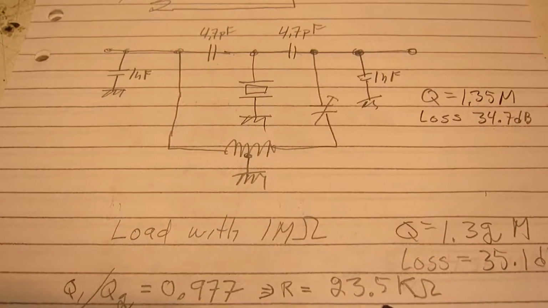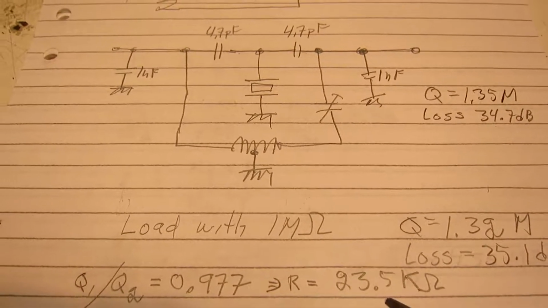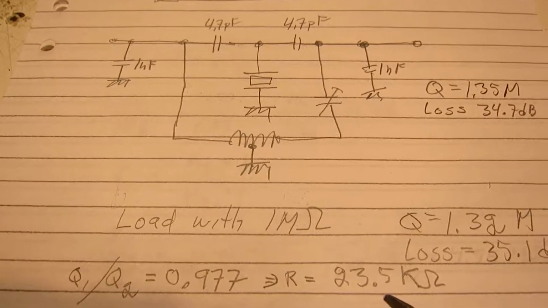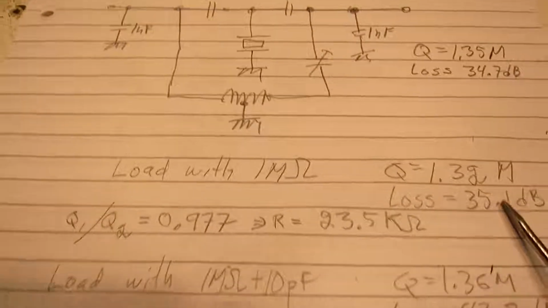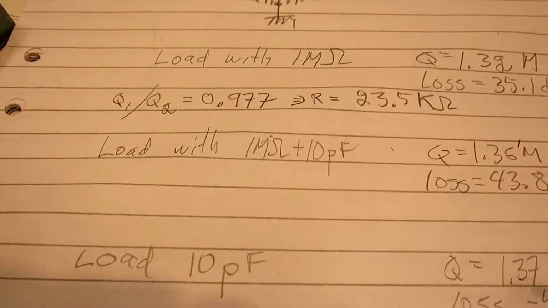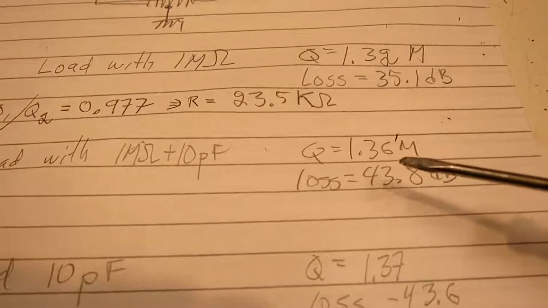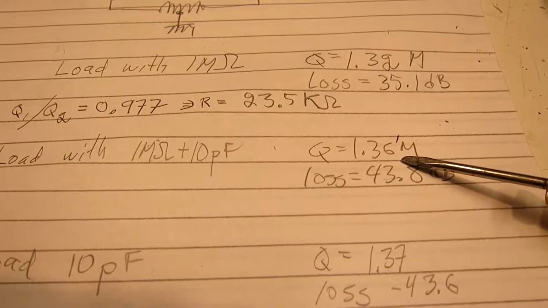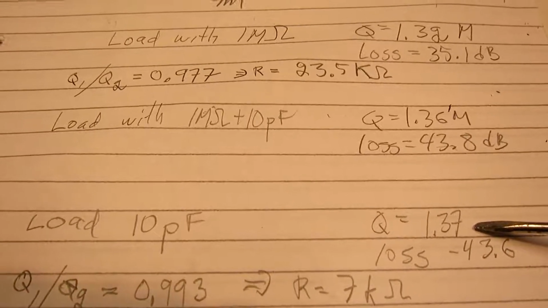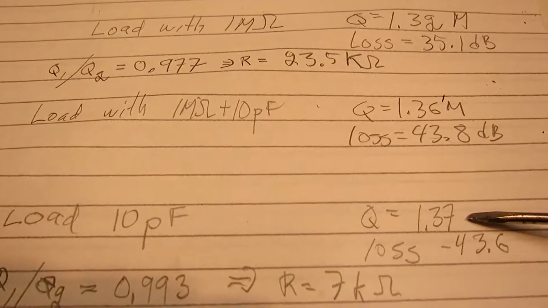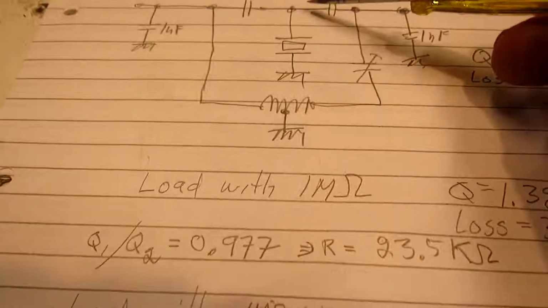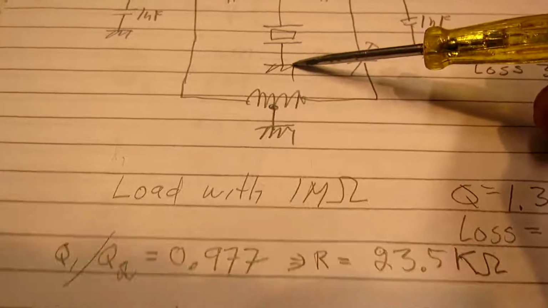when the crystal has about 10 pF load capacitance. And then I tried to load with 10 pF in parallel with 1 megohm, which gave me 1.36, and then with only the 10 pF capacitor, and that gave me 1.37, and that is a load put into this schematic.